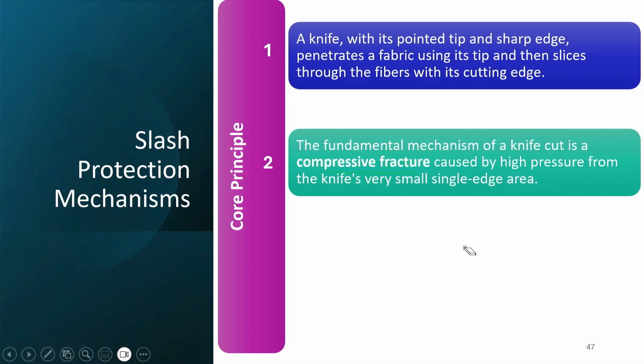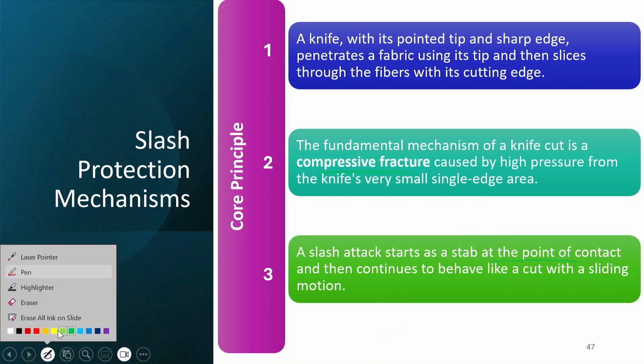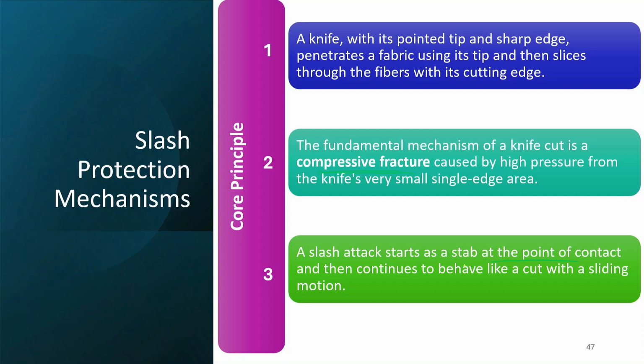So, this compressive fracture takes place, and any slash attack starts with a stab at a point of contact, then it continues and behaves like a cut with a slicing motion. So, it is a mixture of first stab, then cut.